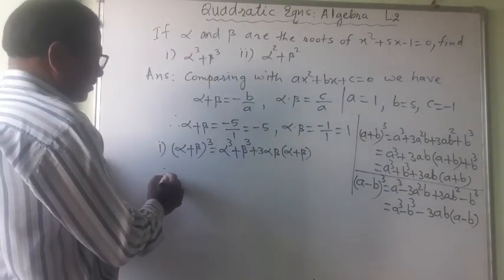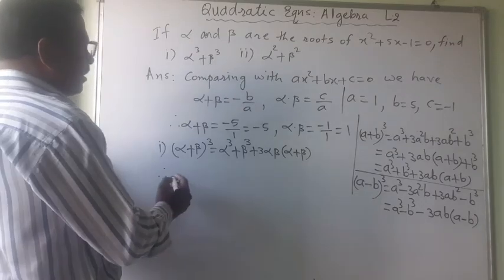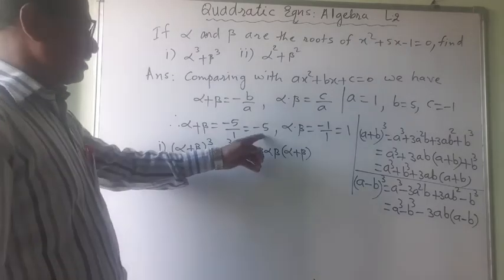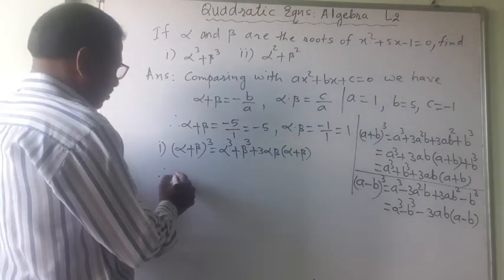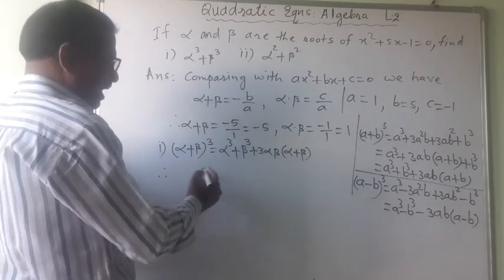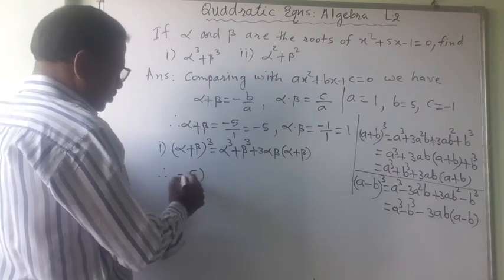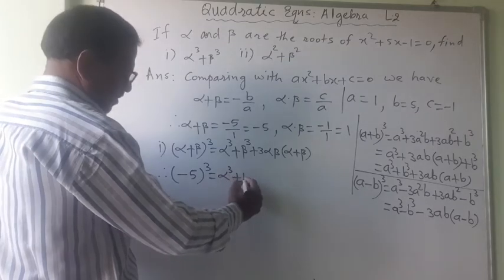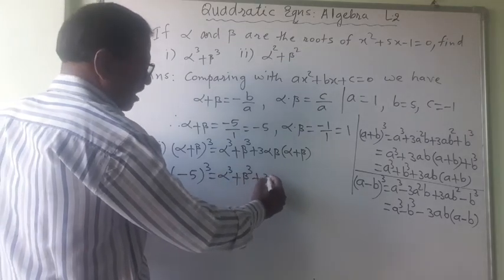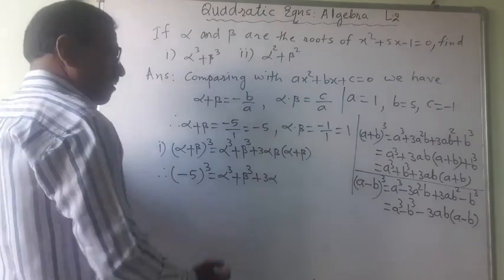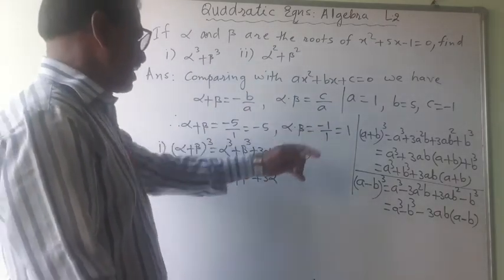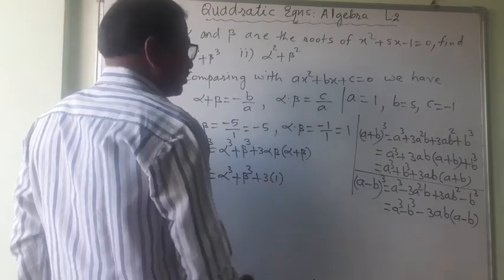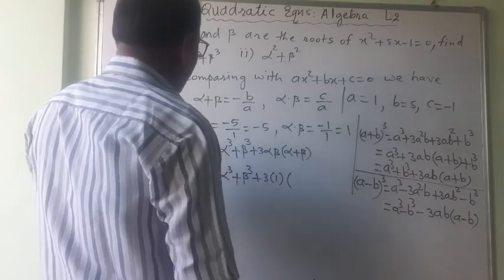Therefore, a plus b, the value I know, a plus b, the value is minus 5. So alpha plus beta, that is minus 5, its cube is equal to alpha cube plus beta cube plus 3 alpha beta. So alpha beta value also I know. What is that? 1. So here I will write 1 into alpha plus beta is minus 5.